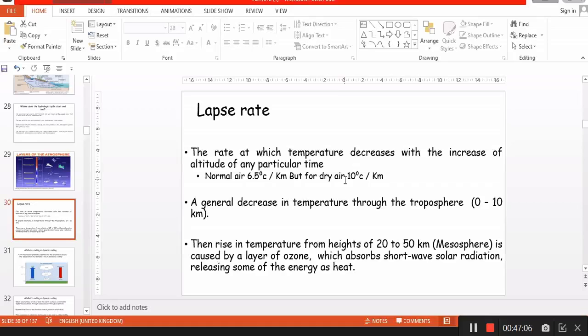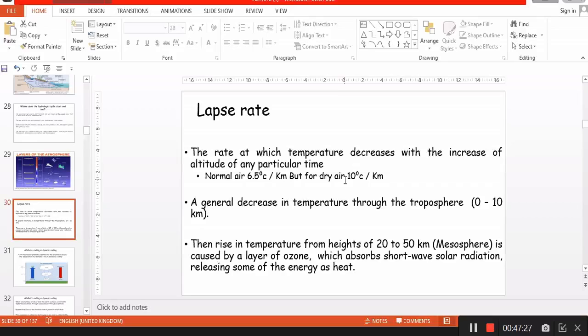Don't forget this. But it is also important to remember lapse rate, because it is a very good technical term for explaining certain critical processes relevant to the atmosphere, right?